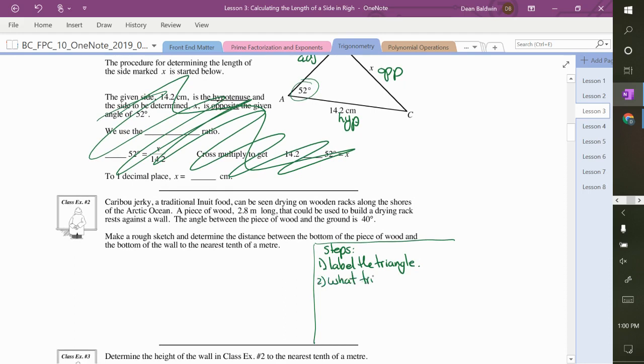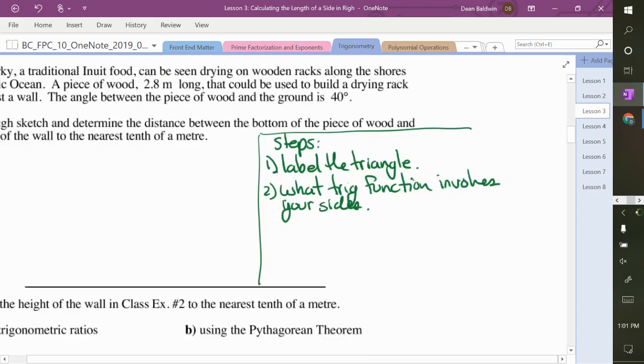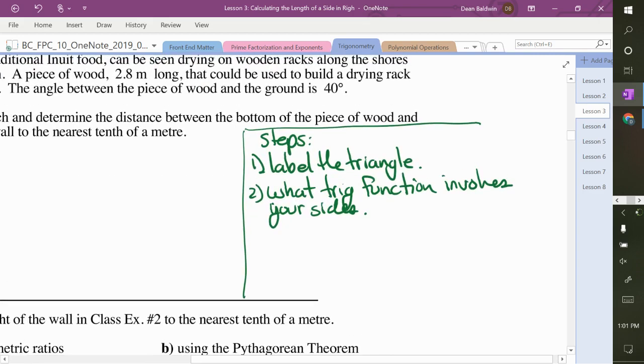What trig function involves your sides? What I mean by that is you have two sides that have either numbers or you're asked to solve for.